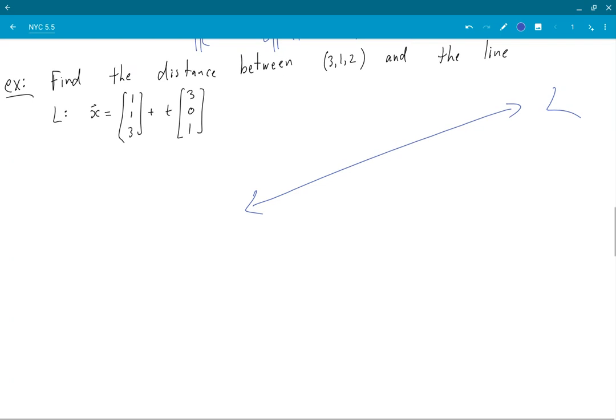I'm just trying to draw a picture that will help me think about this scenario. Okay, so we got a line. Let's put the origin down here, and we'll call the point A up there. I'm going to draw a picture very similar to the one I just had.